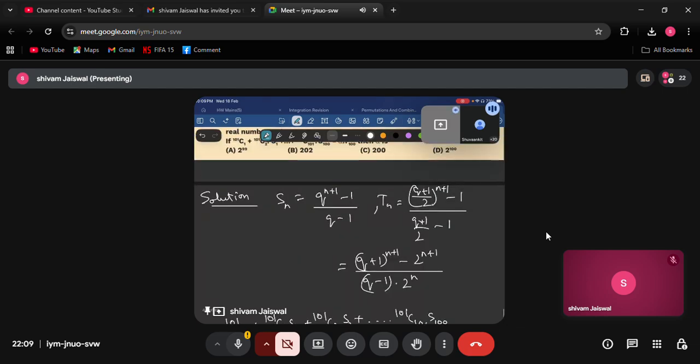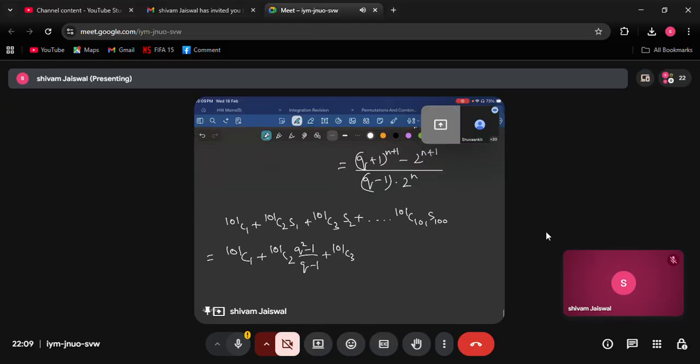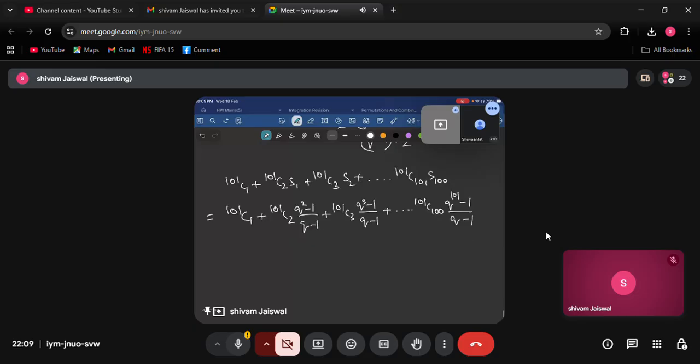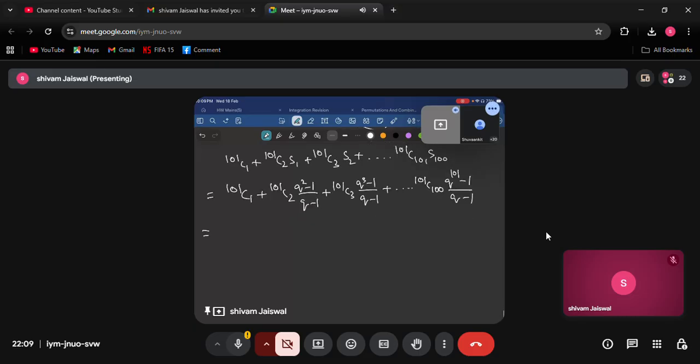Exactly, (q cube minus 1) upon (q minus 1) plus dot dot dot plus 101 C100 into (q to the power 101 minus 1) upon (q minus 1). So I'm going to take 1 by (q minus 1) common.